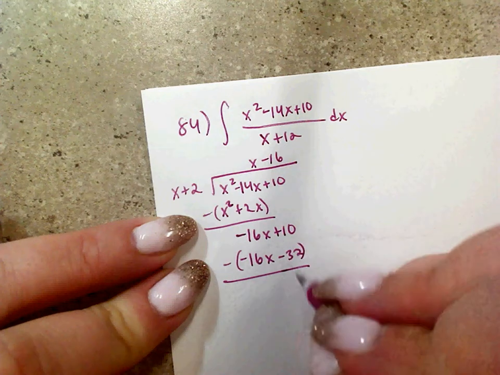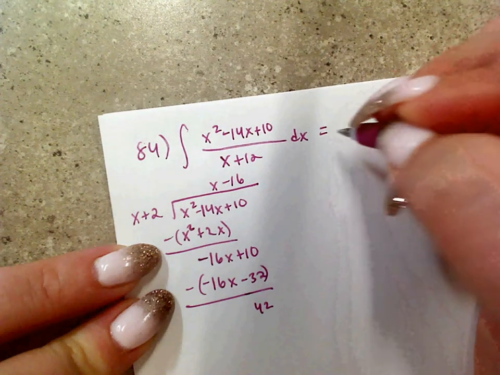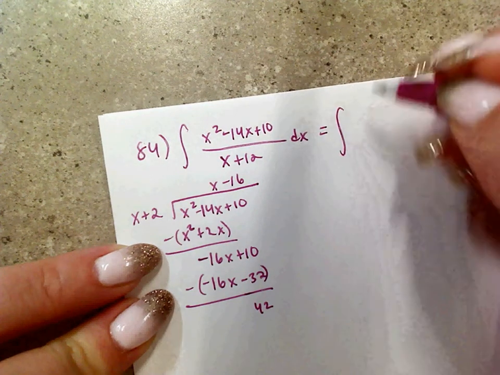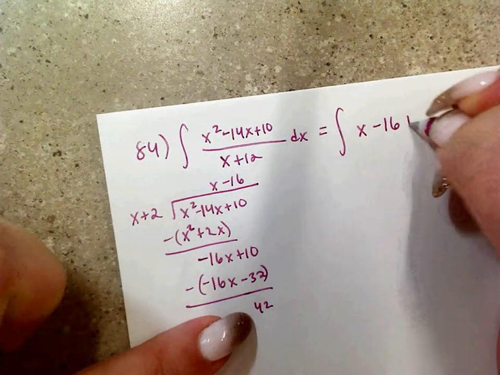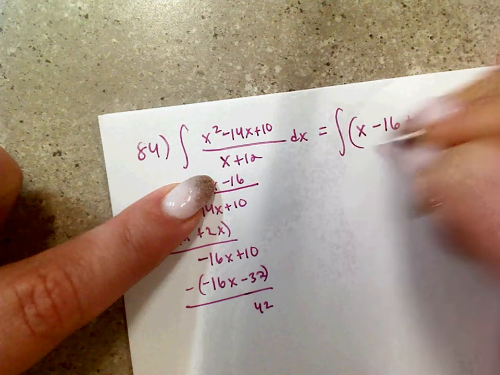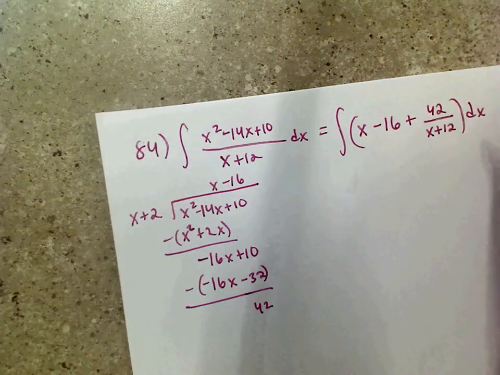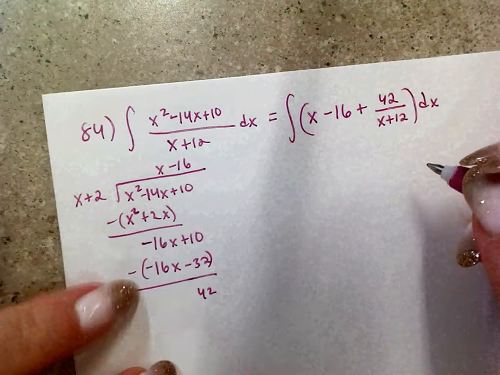So this is equivalent to me asking you to find the integral of x minus 26 plus a remainder over x plus 12, which means that this can be done by splitting it up.